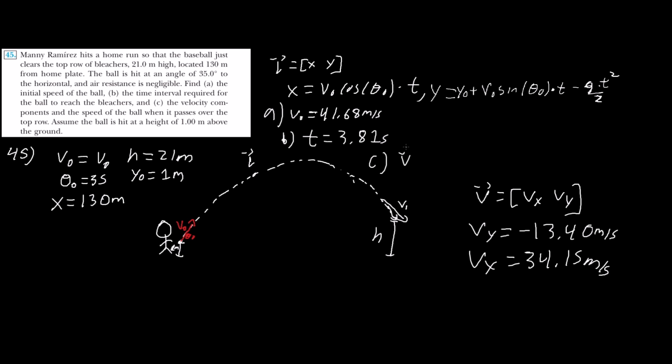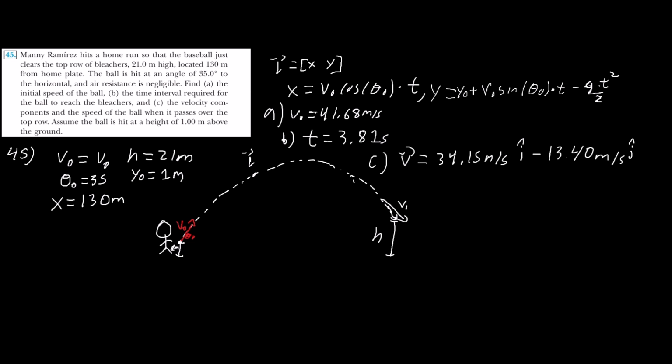So that means the velocity at this point, I'm going to write in terms of i-hats and j-hats. The final velocity is going to be 34.15 meters per second in the i-hat direction, minus 13.40 meters per second in the j-hat direction.